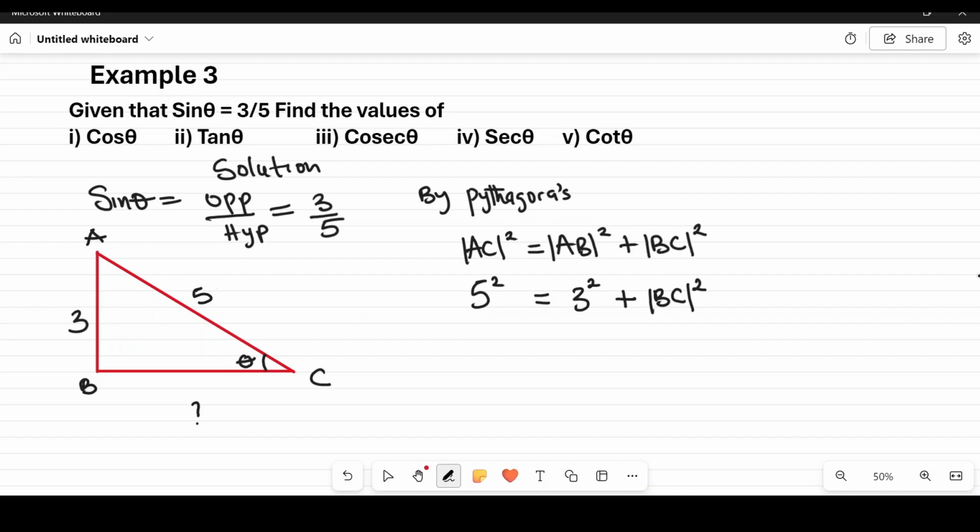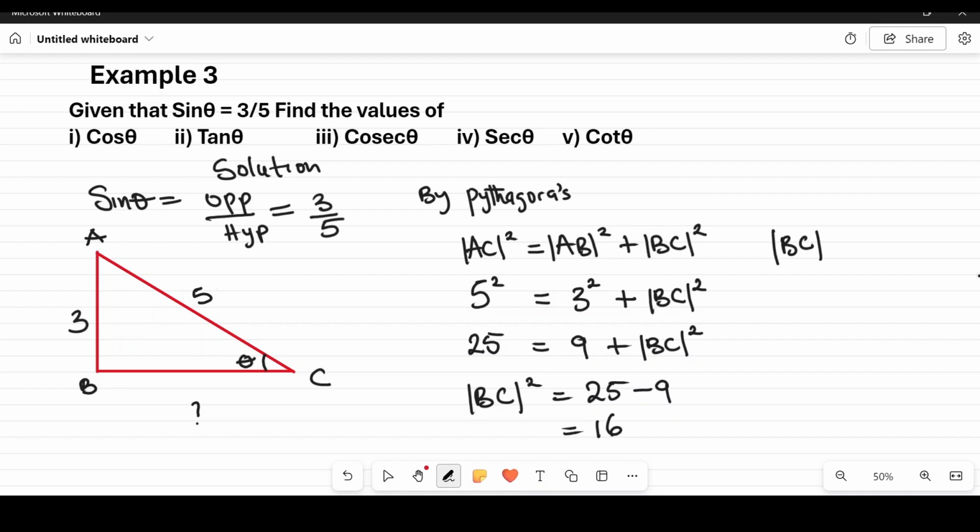So therefore, we know that 5 squared is equal to 25. 3 squared is equal to 9, plus BC all squared. If I make my BC subject, I will have BC all squared equal to 25 minus 9, and this will be equal to 16. Now, if I take the root of both sides, I will have that BC is equal to root of 16.